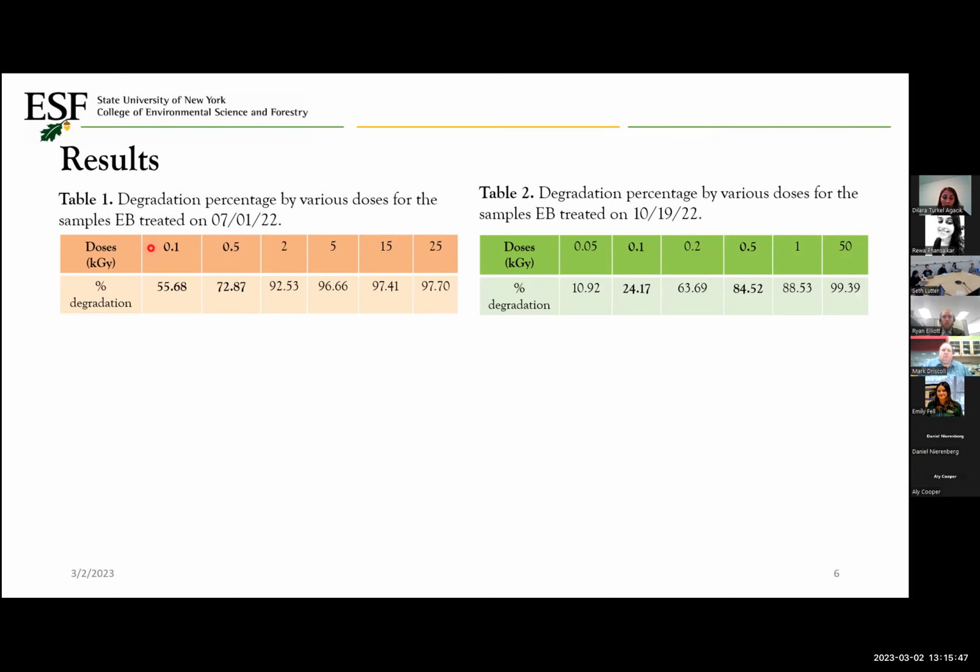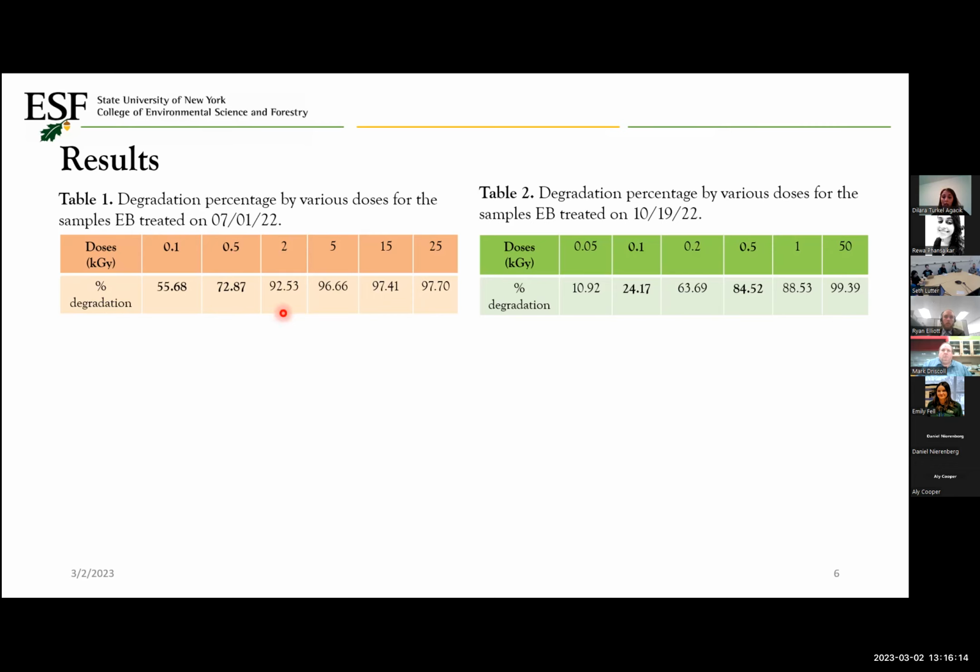The irradiation doses were 0.1, 0.5, 2, 5, 15, and 25 kilogray. At the 0.5 kilogray dose, almost 72% of the organic pollutants were degraded, and it reached 92% at 2 kilogray.